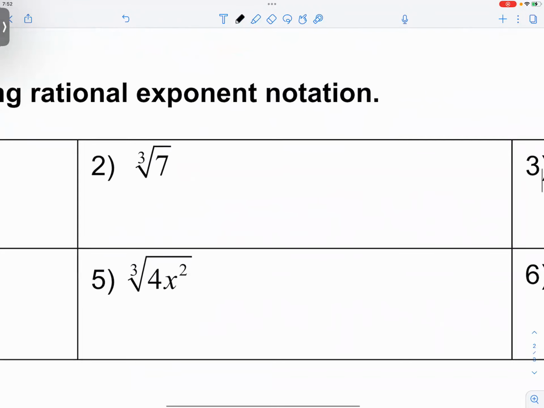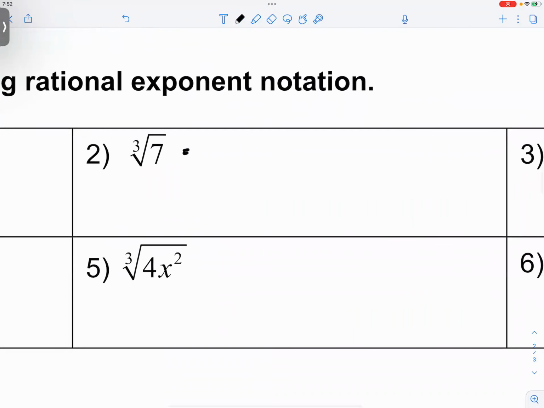All right, 7 to the, well, keep in mind, the cube root of 7. That means it is 7 to the what power? 1/3 power. And I encourage you, look at your own handwriting. When you write down the exponent, do you show relative size difference between the number and the exponent?